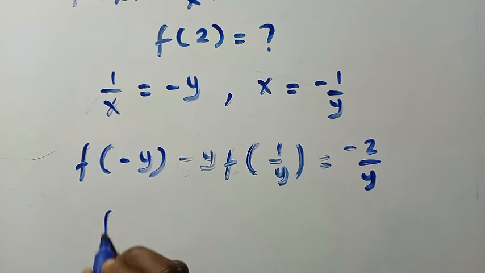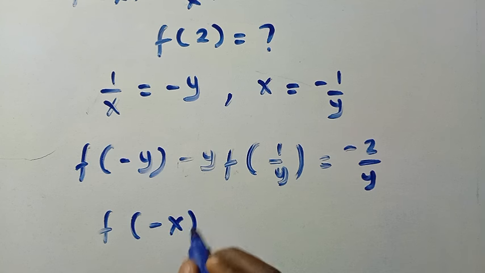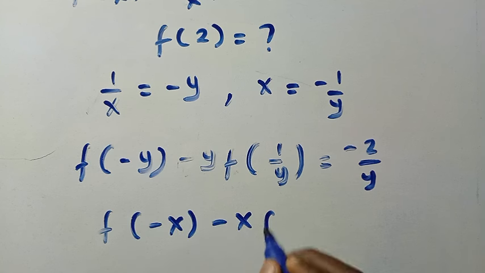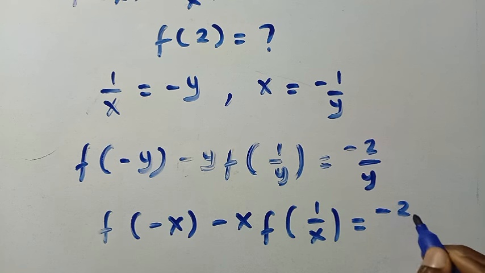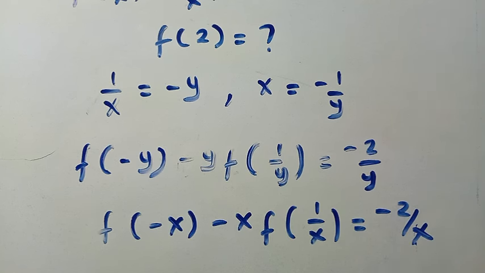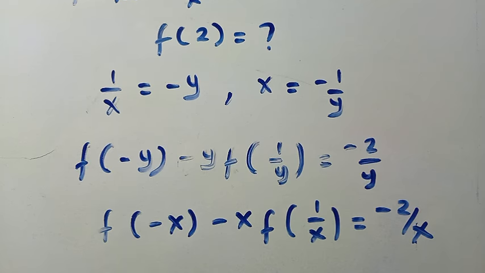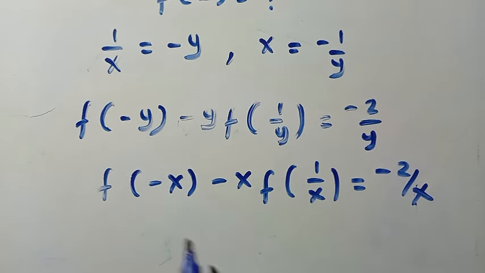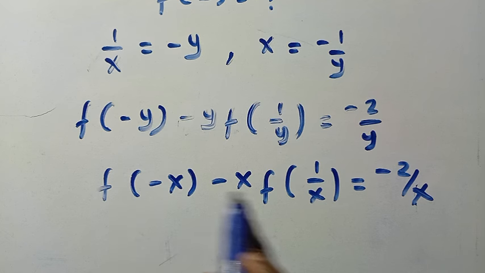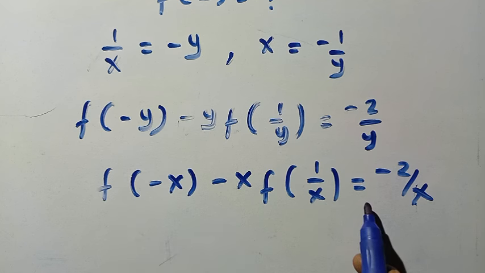Here becomes f(-x) - x f(1/x) equals -2/x. If this is what we have, let's multiply the first equation by x.